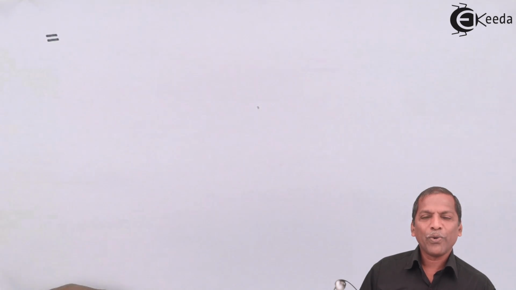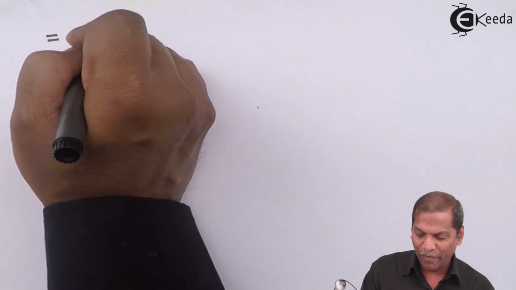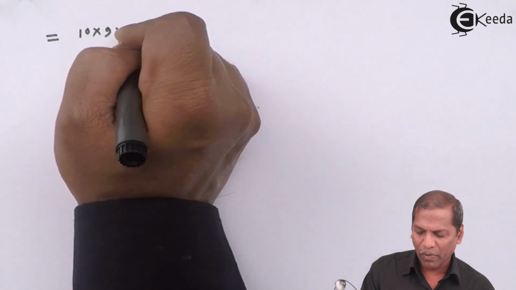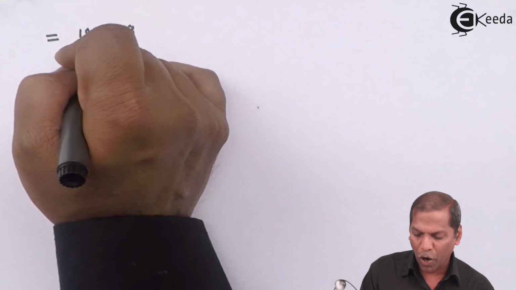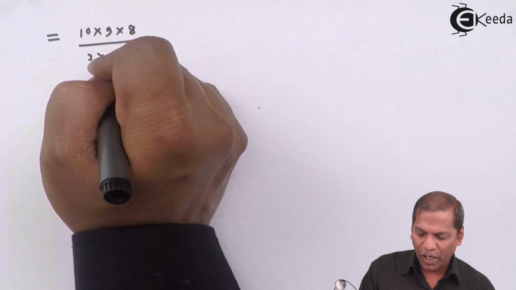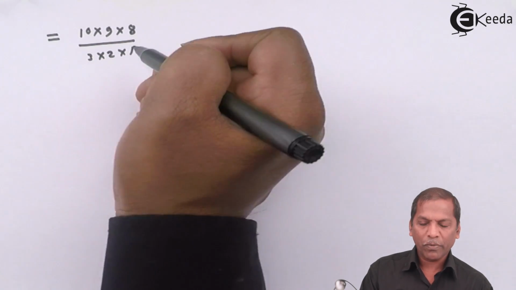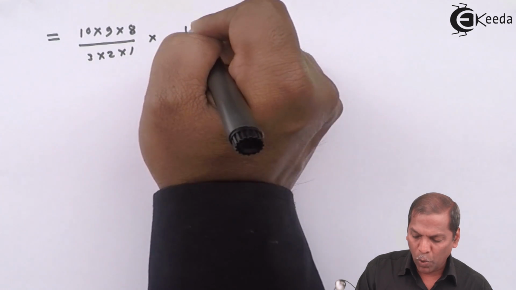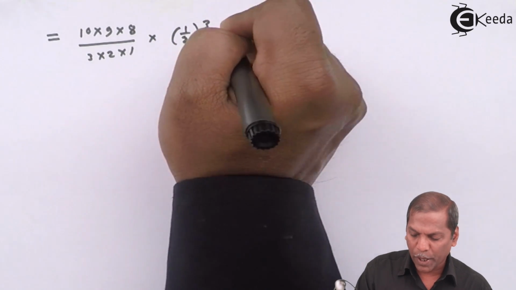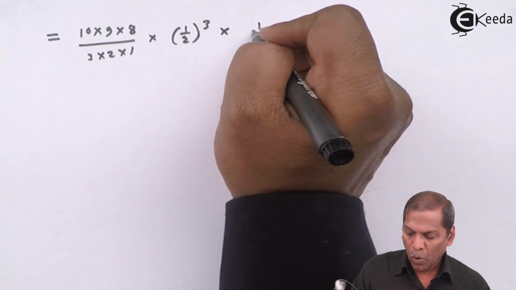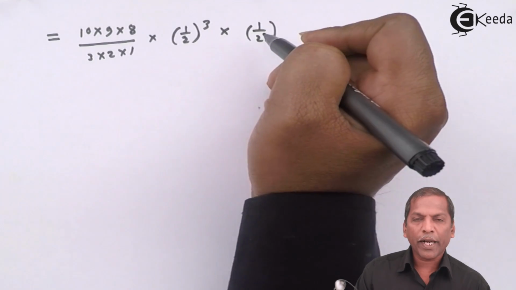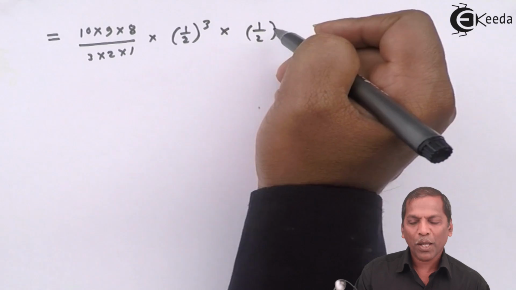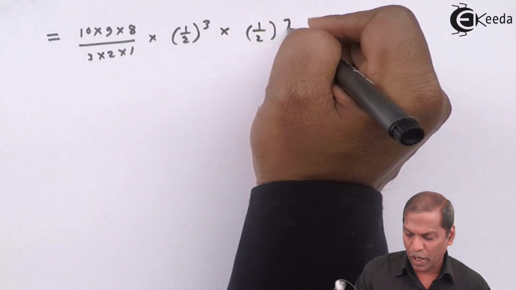Now 10C3 can be calculated as 10 into 9 into 8 upon 3 into 2 into 1, into 1 upon 2 whole bracket raised 3 into 1 upon 2. Now 10 minus 3 gives 7, so 1 by 2 raised 7.